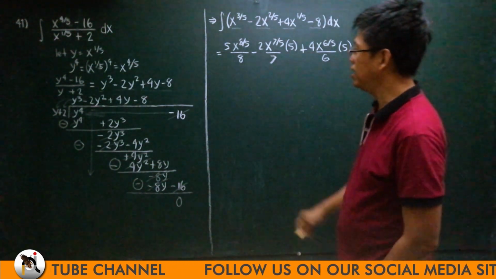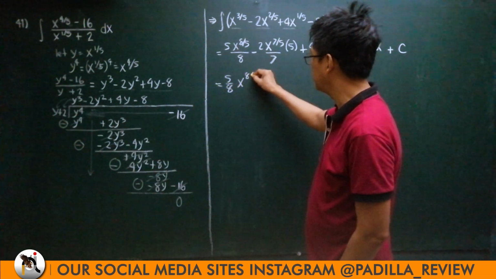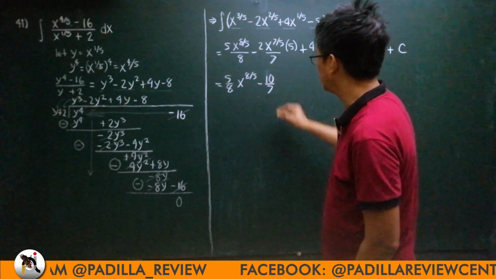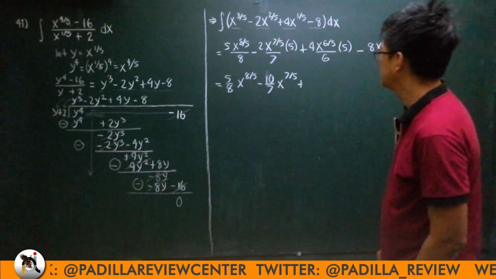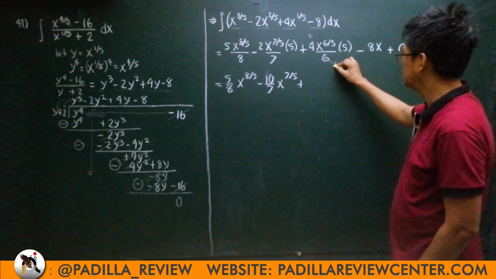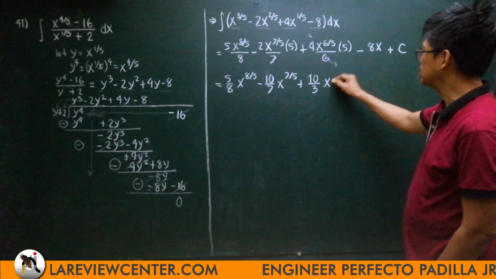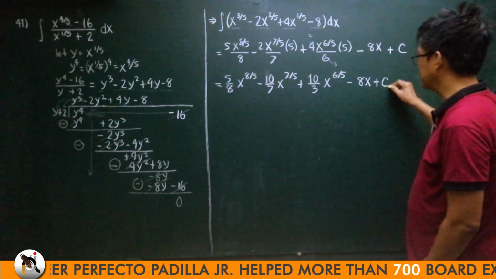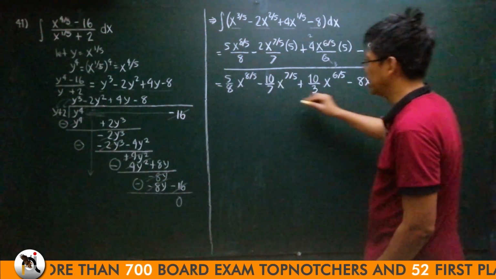We now simplify. This is 5/8 of x to the 8/5 minus 2 times 5, 10 over 7, x to the 7/5 plus, dividing both by 2, 2 times 5, 10 over 3, x to the 6/5 minus 8x plus c. So therefore, this is your integral.